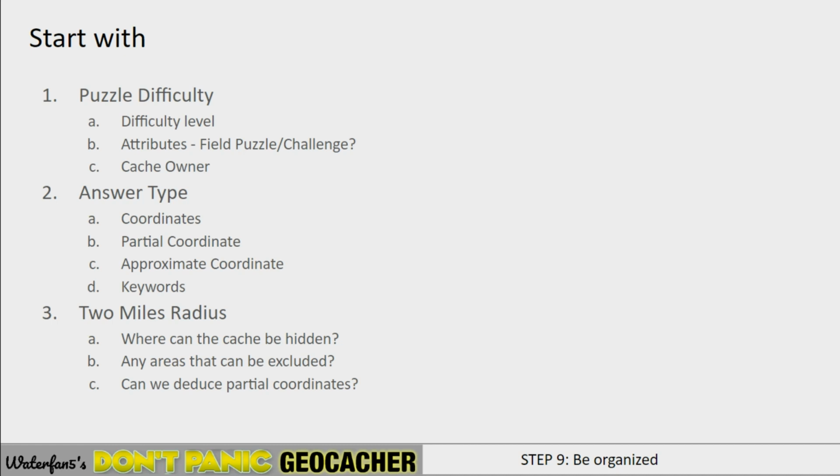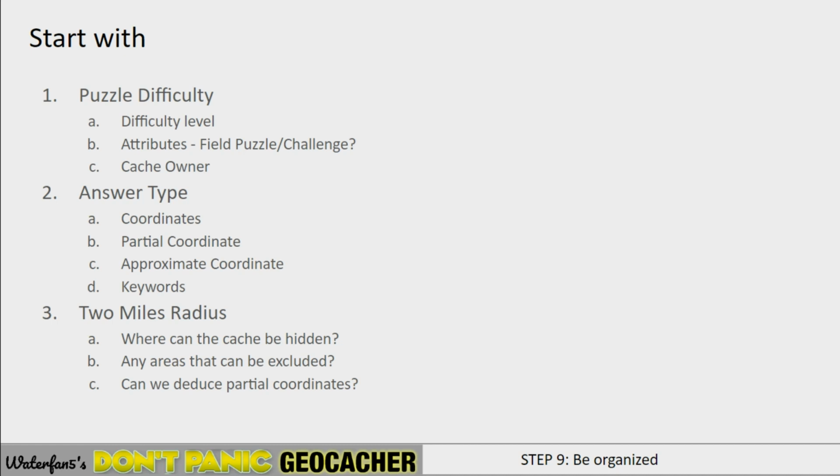Some cache owners like to do everything with pictures, others more with text. In other cases, the text might contain more hints. Being experienced with cache owners will help me focus what I'm doing.